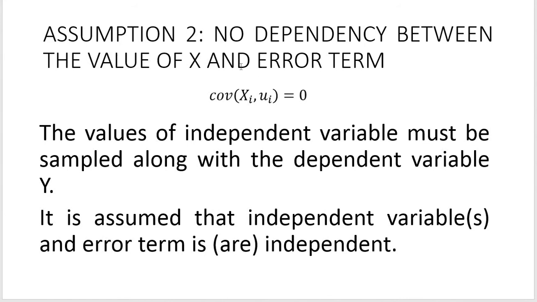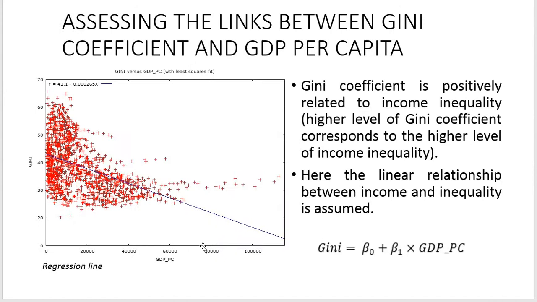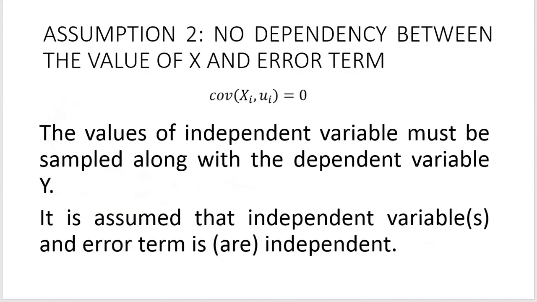So basically no dependency between the value of the independent variable, in our case GDP per capita, and the value of the stochastic error term or residual. It means that the covariance between the independent variable and the error term u has to be equal to 0.